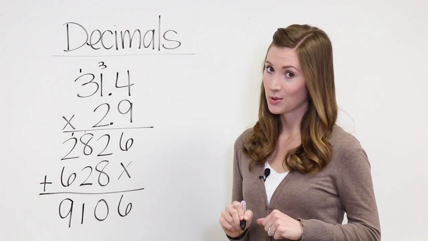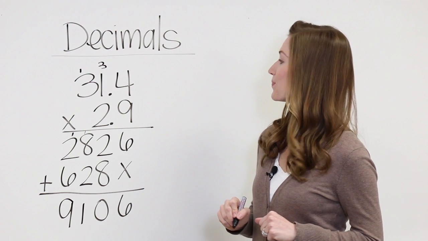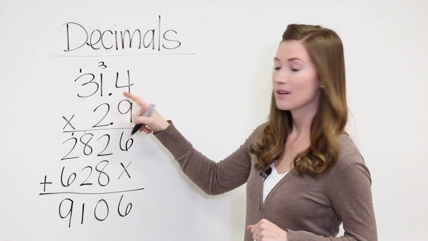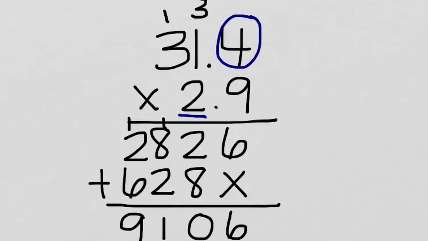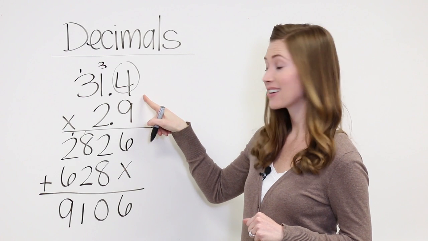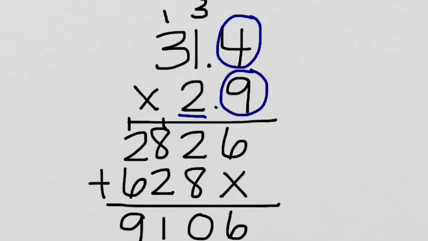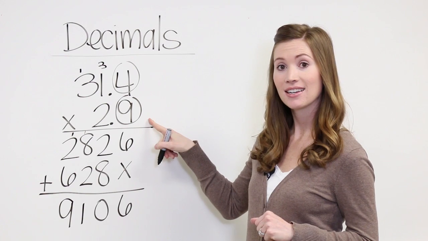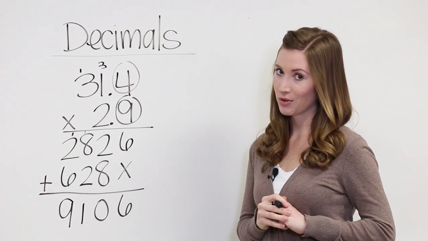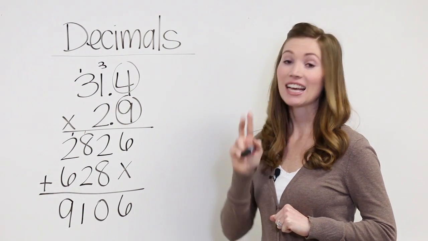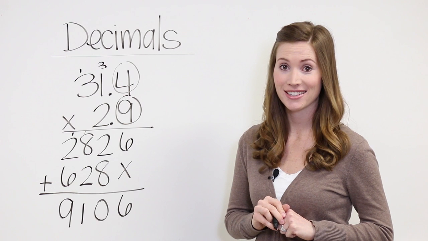Now, are you ready to account for our decimal? We have one digit behind the decimal point in 31 and 4/10. And we have one digit behind the decimal point in 2 and 9/10. Can you guess how many times we're going to move our decimal point? If you said 2, you're correct.